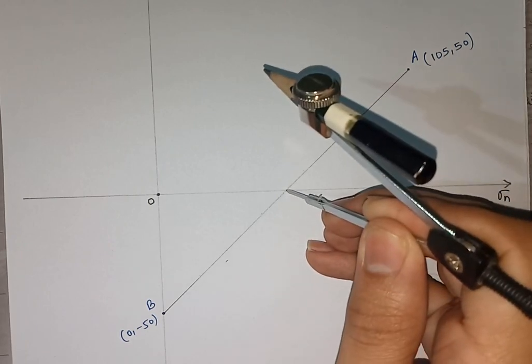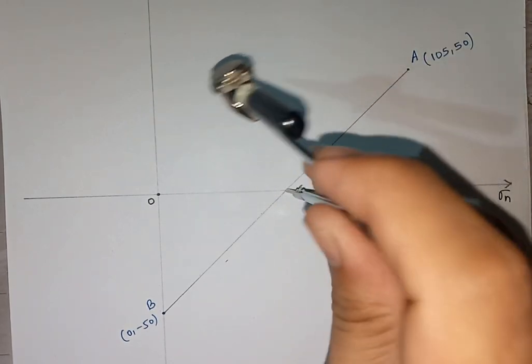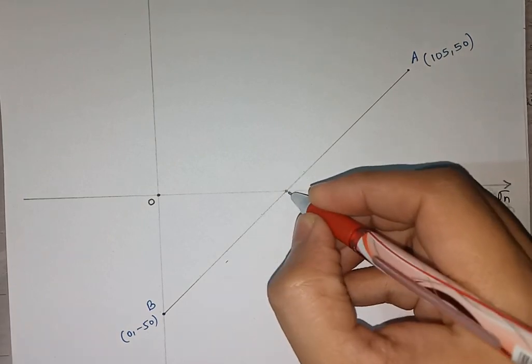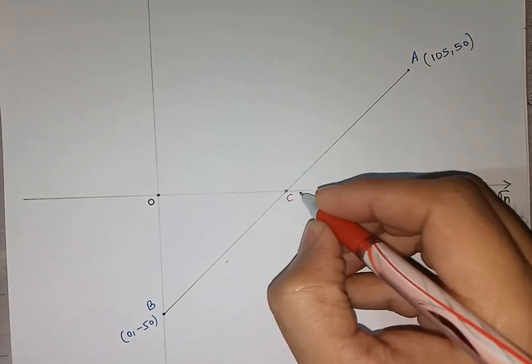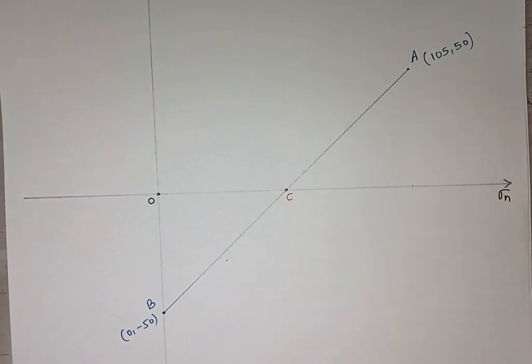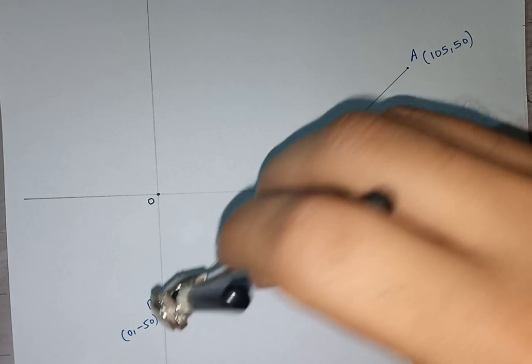Once you have marked the center, you need to draw a circle. This point I call point C. C is nothing but the center. Using BC as the radius or AC as the radius, you need to draw a circle.